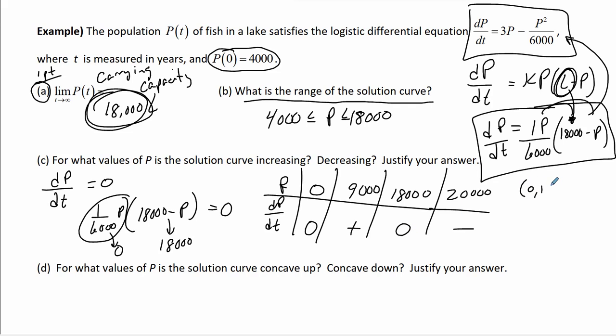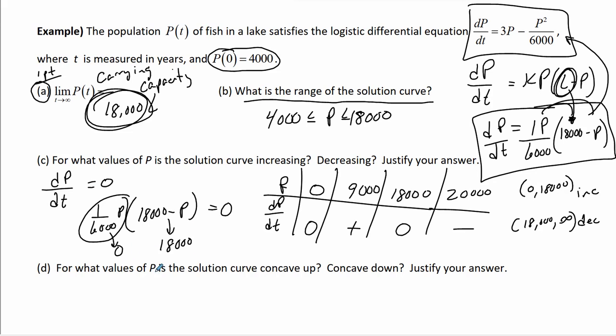From 18,000 to infinity, the solution curve is decreasing. Because that's what it says, right? So 18,000 is the highest point. And when it goes past 18,000, it's not going to increase anymore. It might stay close to 18,000, but it's not going to be exactly 18,000. It might get a little bit less based on how many more fish are there, right?